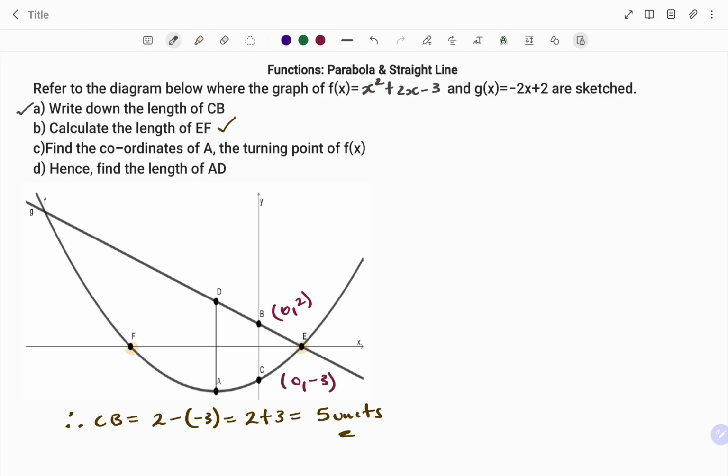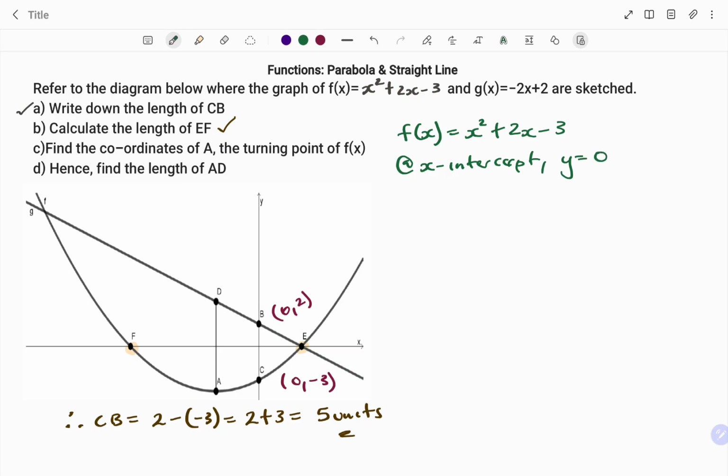So using the equation of the parabola, f of x equals x squared plus 2x minus 3, at points E and F, the value of y is 0.